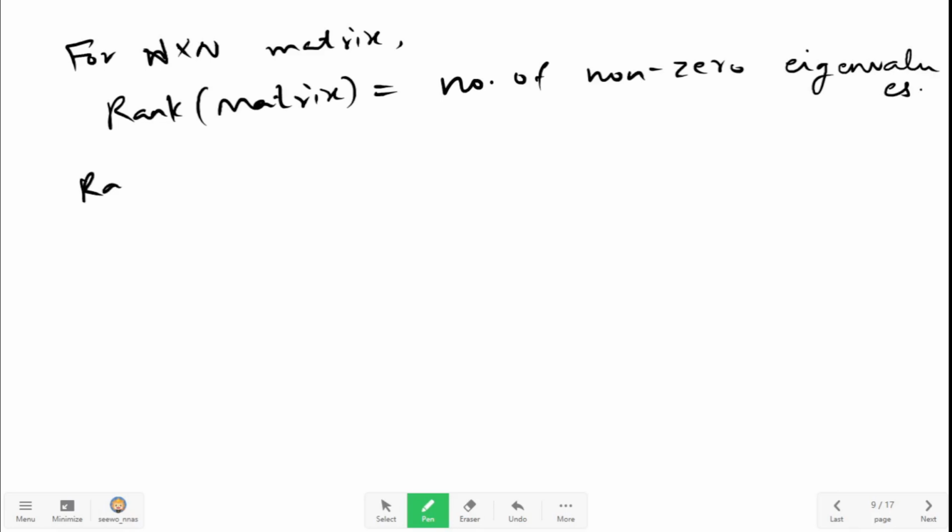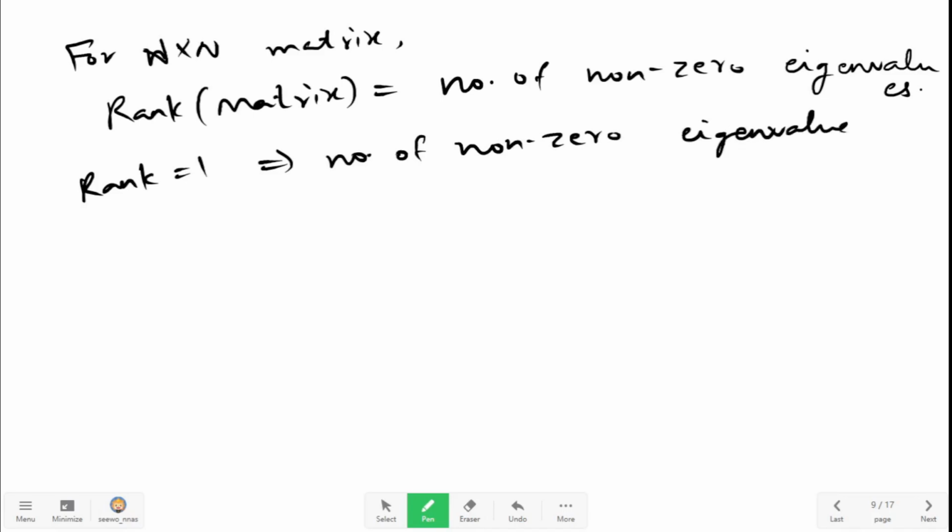Since rank is equal to 1 here, this implies the number of non-zero eigenvalues is equal to 1. We also know that the trace of a matrix is equal to the sum of the eigenvalues of the matrix.